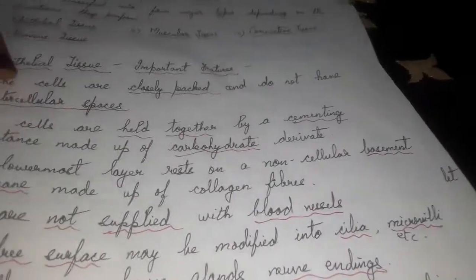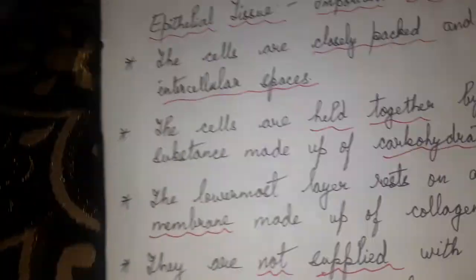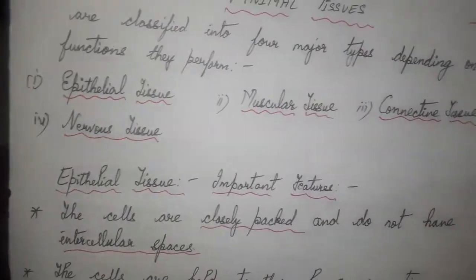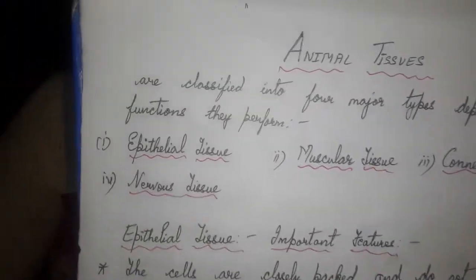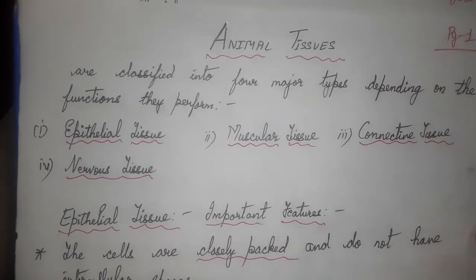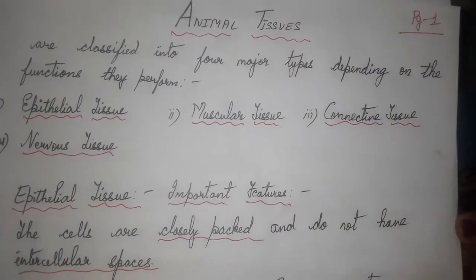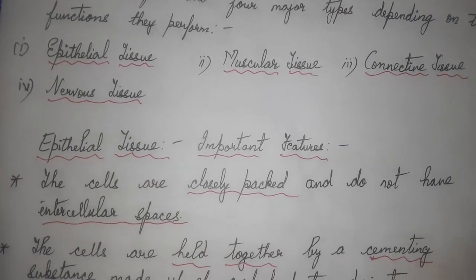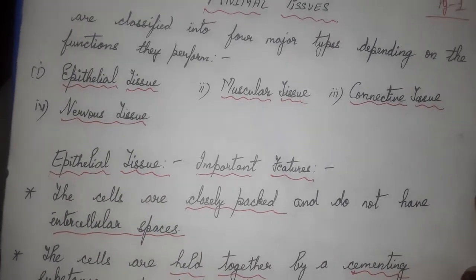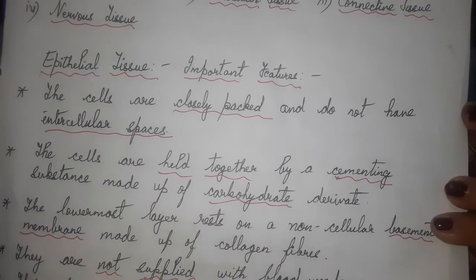So these are the animal tissues. Animal tissues are of 4 types as I discussed earlier. Epithelial tissues are mainly concerned with absorption, secretion and protection.